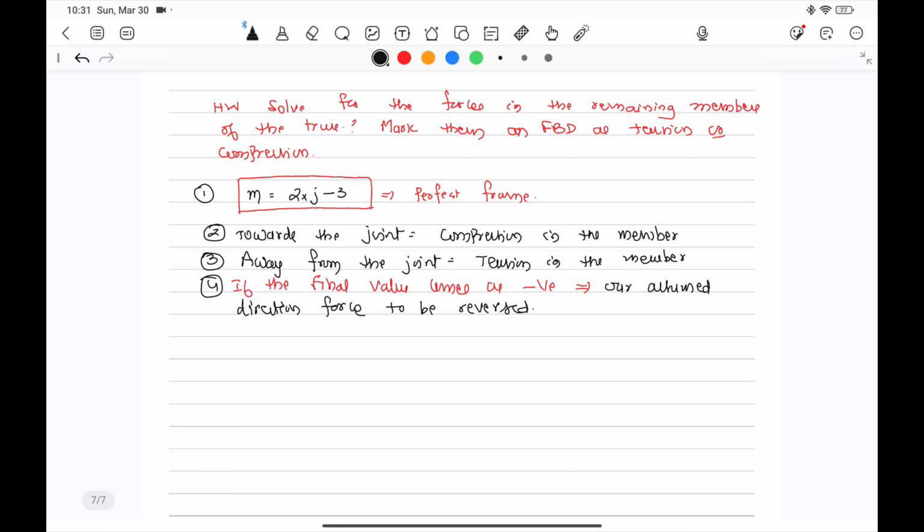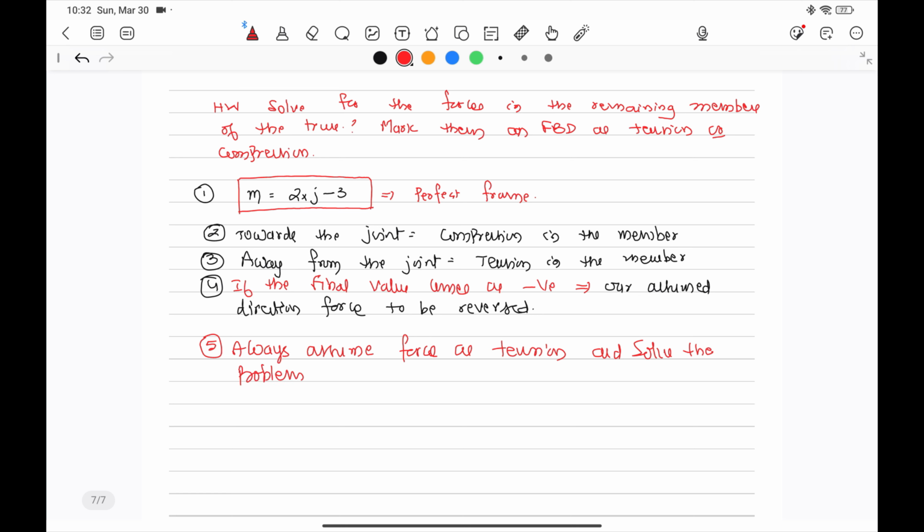Before this, most important, fifth is always assume force as tension and solve the problem.